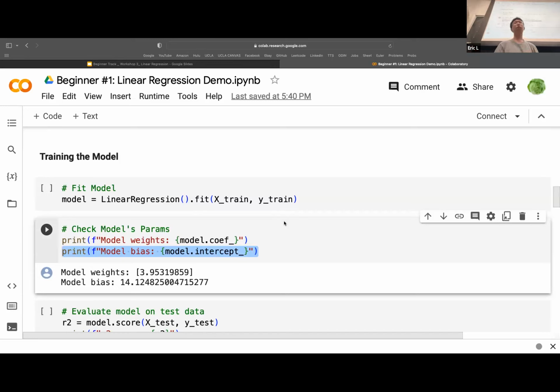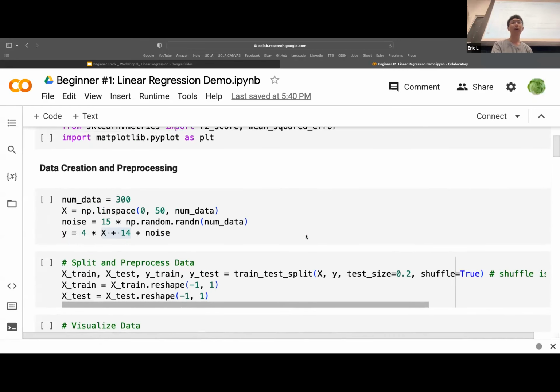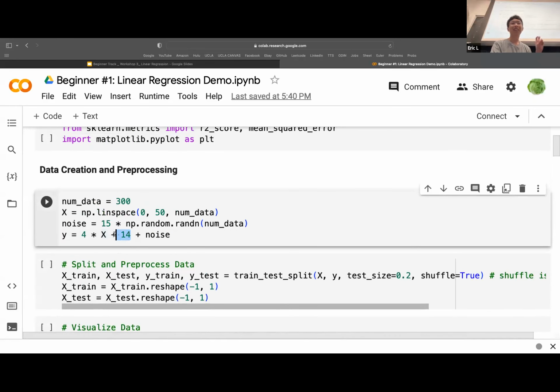Essentially, we input data and our model doesn't necessarily even trust our data. So if it tracks that there are inconsistencies within our data, it'll be accounted for within this bias. And we can tell that this is working, because our model bias is 14.12, whereas the extra value that we added was originally 14.